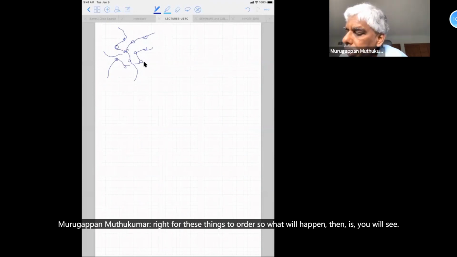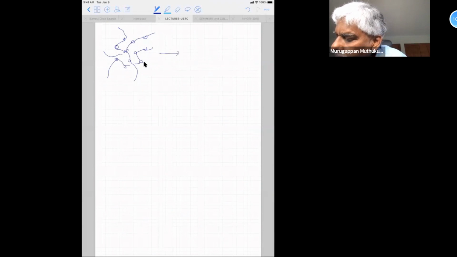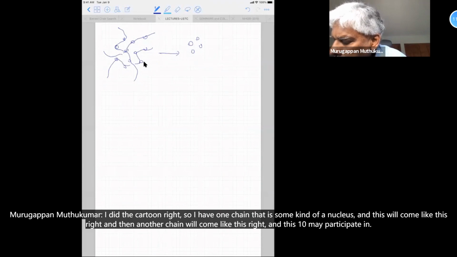So what will happen then is you will see something like this. This is a cartoon, right? So I have one chain. This is some sort of a nucleus. This will come like this, right? And then another chain will come like this, right?